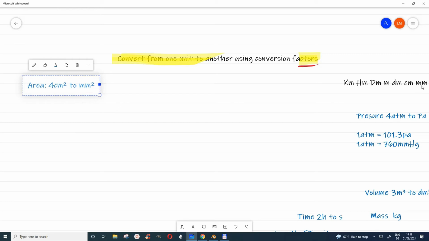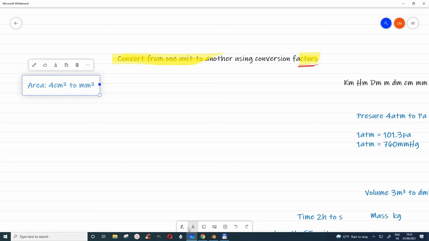Now we know that 10 millimeters make 1 centimeter, but it's squared because we are talking about area, so we know that 100 millimeters squared is 1 centimeter squared. So our factor is 100.